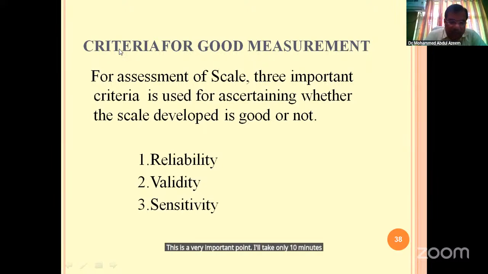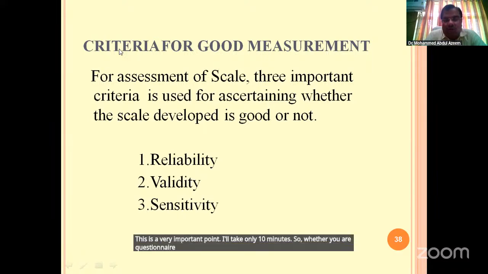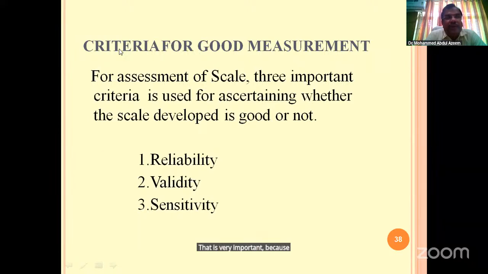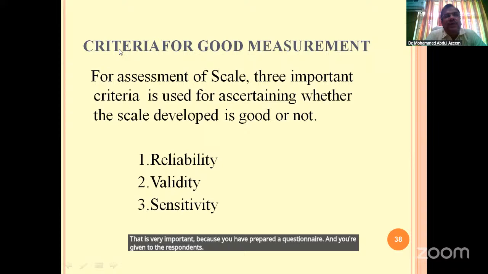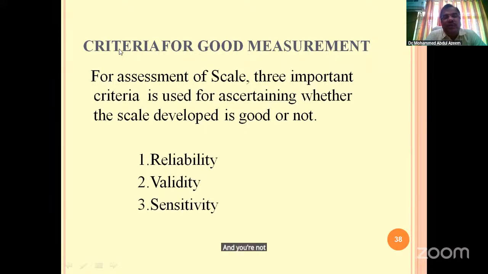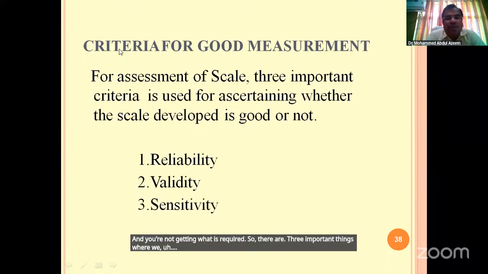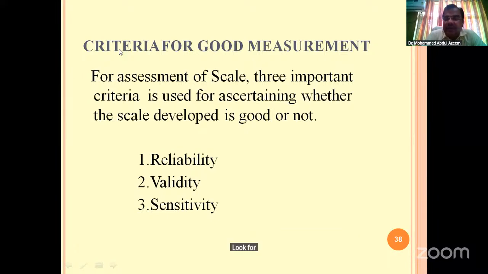So whether your questionnaire is correct or wrong, that is very important because you have prepared a questionnaire and given it to the respondents and you are not getting what is required. So there are 3 important things we look for, that is reliability, validity, and sensitivity. What is reliability?